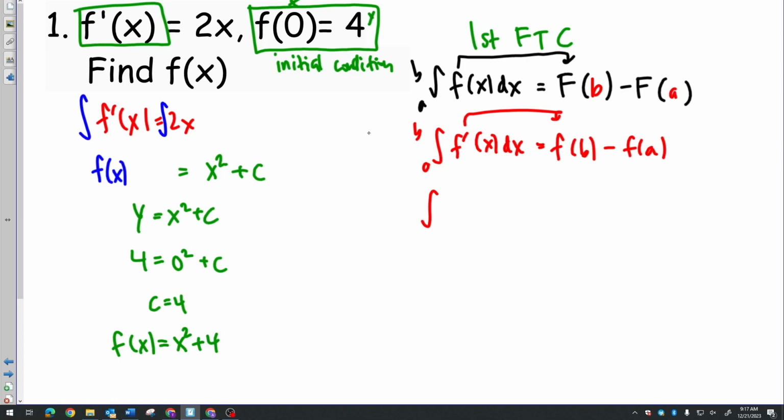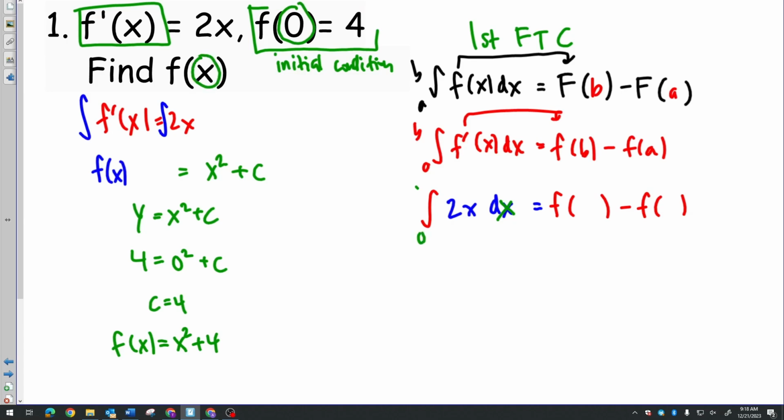So we know f prime is 2x, so I'm going to plug in 2x right there. We also know our b's and our a's, I think. Remember, this right here is an x. So the limits here must be x values. So I need to go find my x values, one x value which I know, but also another x value which I'm trying to find.